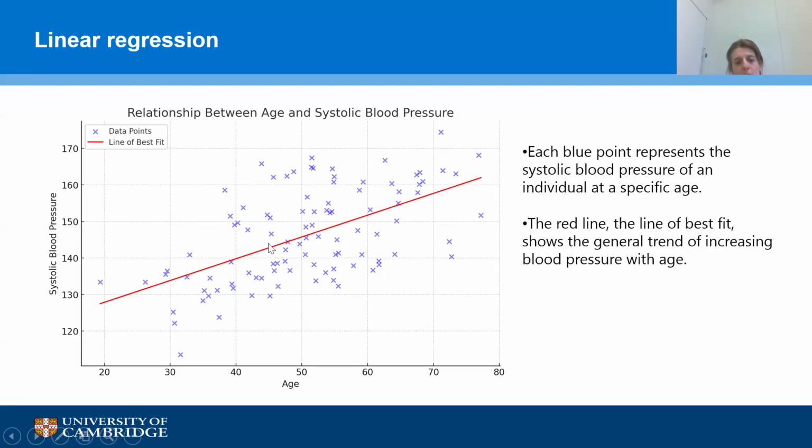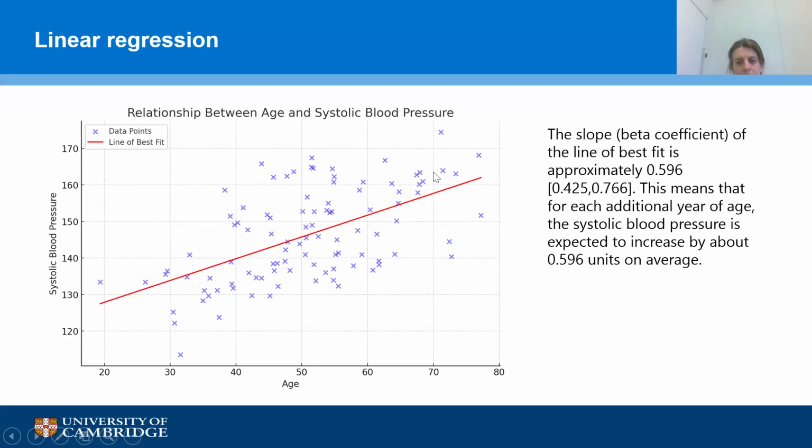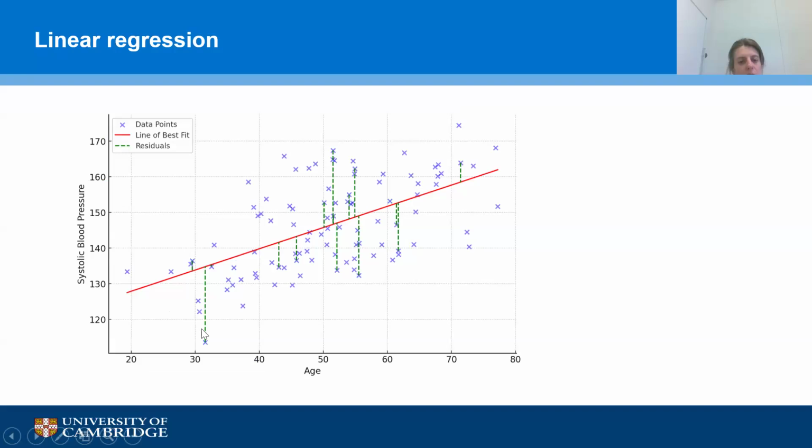And how do we estimate this? We use a linear regression model that tries to minimize the distance between the line and each of these crosses.